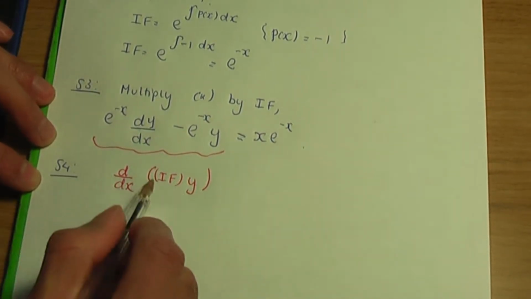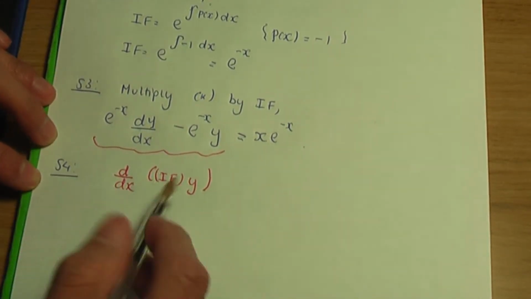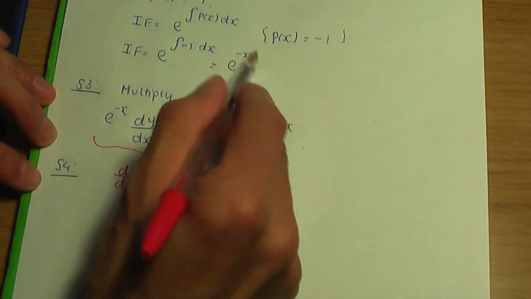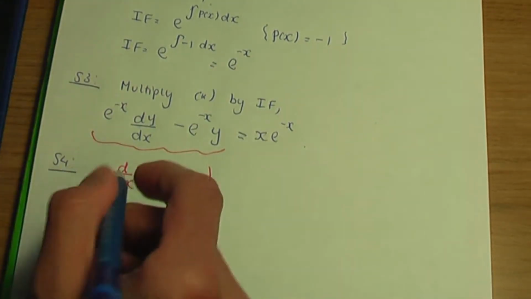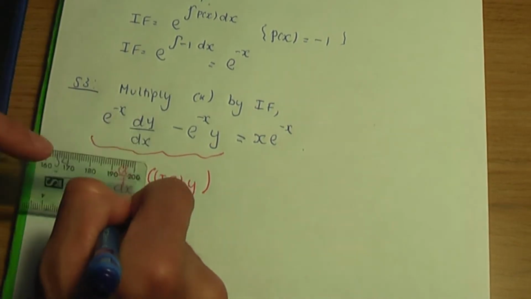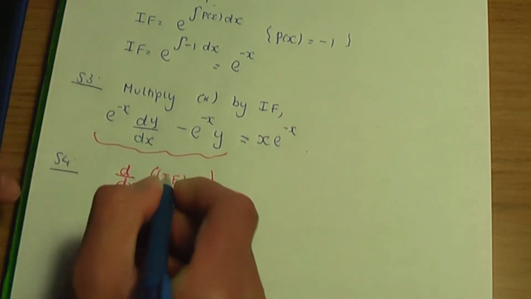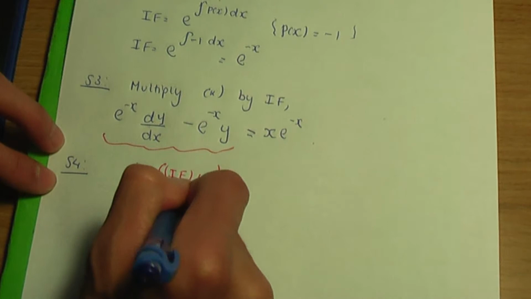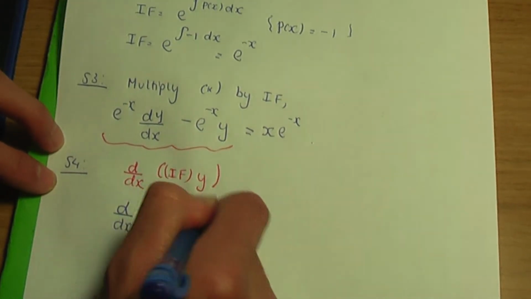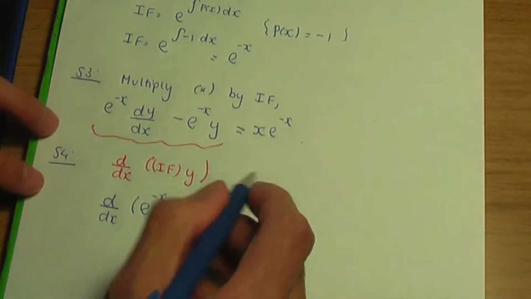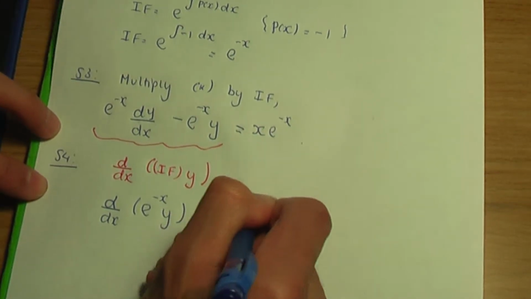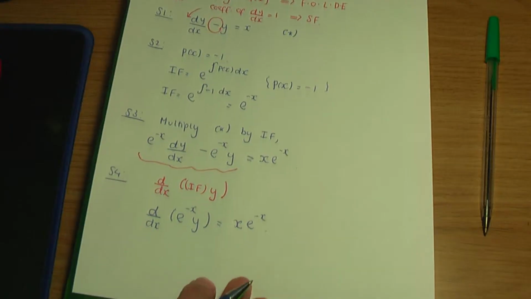So it's always d by dx of IF y. So IF, bearing in mind, is e to the minus x. So let's use this. So we have d by dx of e to the minus x into y, and that is equal to the right-hand term, which is x e to the minus x.